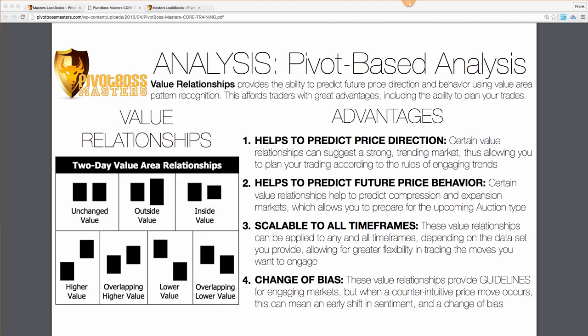And I woke up knowing that I was going to pull the trigger on an inside value relationship that morning. And when it started to develop, I had already known what it was supposed to look like, how it was supposed to behave. So when I woke up that morning and the market opened, I triggered that entry and I held that trade and executed the trade management according to the plan that I set out the prior day.